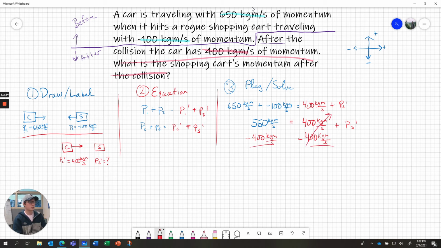That leaves PS prime by itself on the right side of the equation. And 550 minus 400 leaves you with 150 kgm over s. And there we go. Nice. Okay, so that's pretty simple.